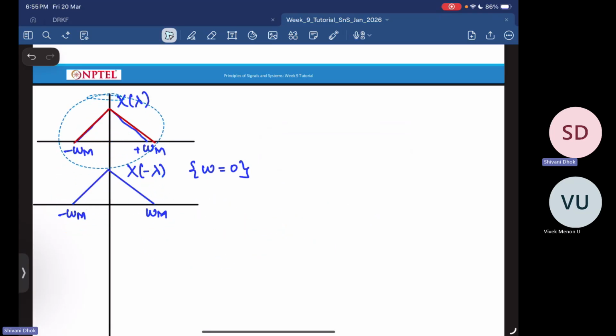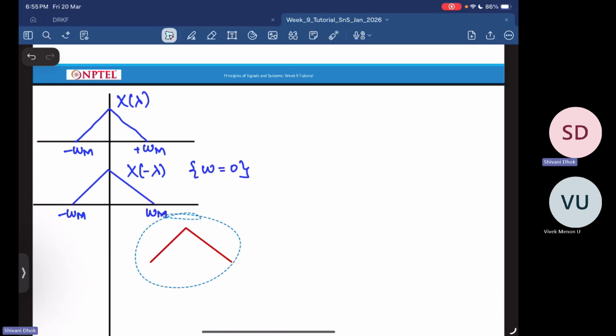This is your X when omega equal to 0. When you change your omega to minus omega m, it looks something like this. So this is the case when your omega is equal to minus omega m. Omega is at 0 here, so if your omega changes to minus omega m, it is like this. So still you have some sort of overlap. But now if your omega changes to minus 2 omega m, then your overlap starts.